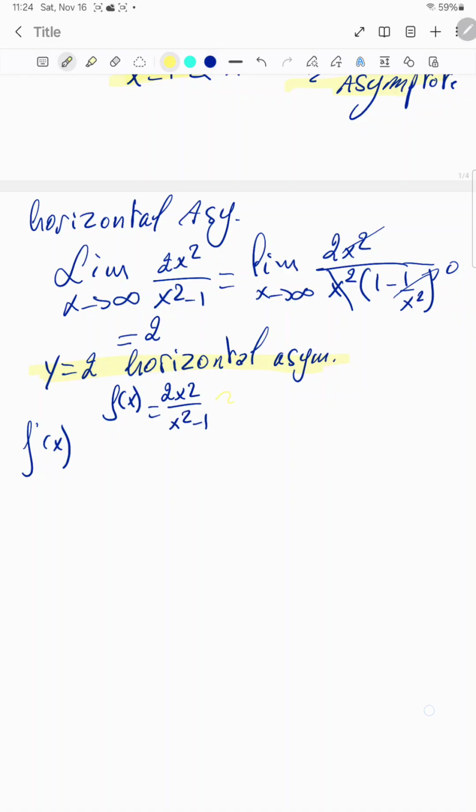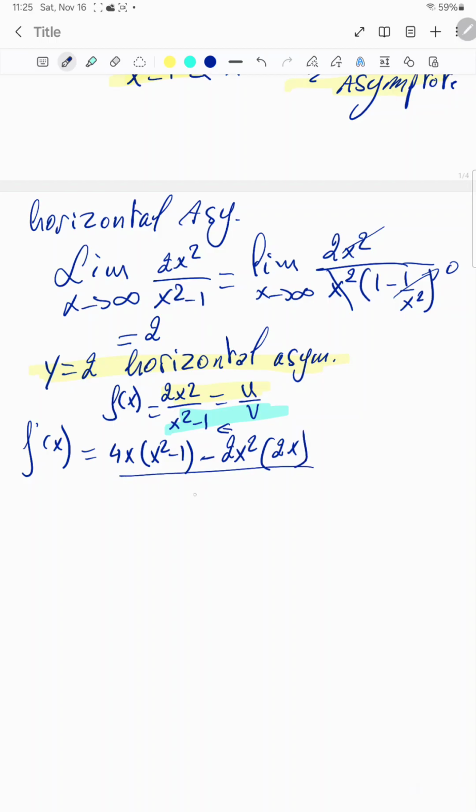So I can take it as u divided by v, and I can take 2x squared as my u, and I will take my v as x squared minus 1, and my formula is u prime v, which is 4x times x squared minus 1, because if u is 2x to the power of 2, my u prime is 4x, minus u, which is 2x squared, times v prime, which is 2x, because my v is x squared minus 1, divided by v squared, which is x squared minus 1 to the power of 2.